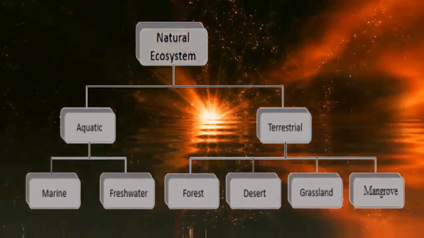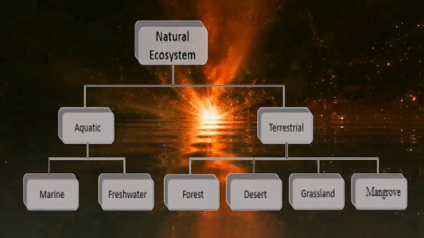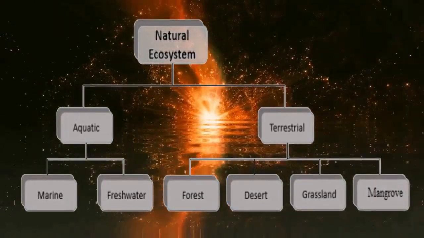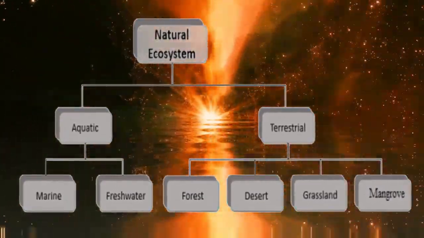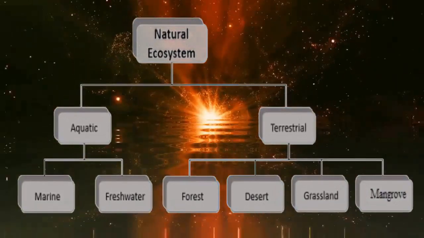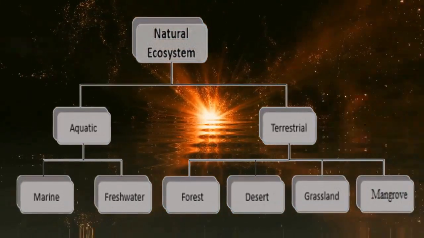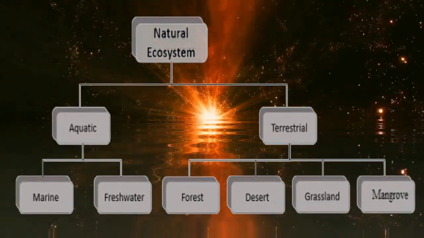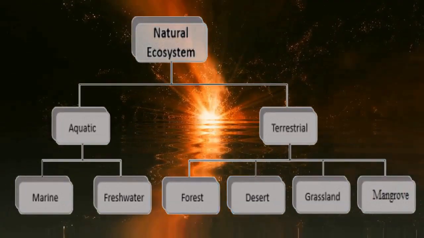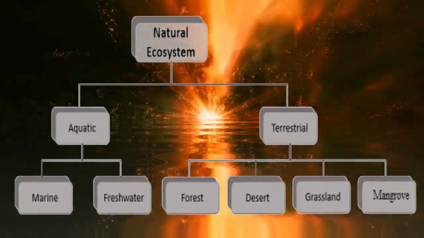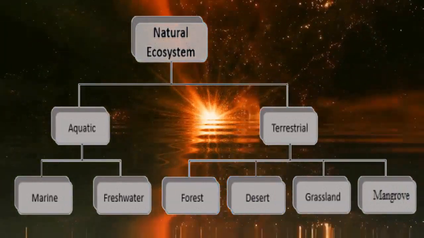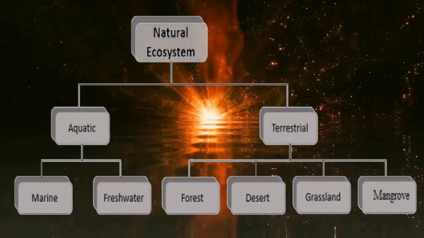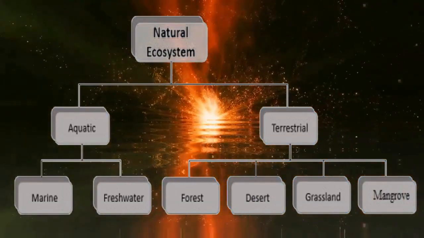Inside terrestrial we may have forest ecosystem, grassland ecosystem, desert ecosystem, and mangrove ecosystems, right? Whereas in aquatic ecosystem we have freshwater ecosystem and marine ecosystem, right? Inside freshwater, rivers, lakes, ponds, everything will come up. So this is nothing but the natural ecosystem, right?